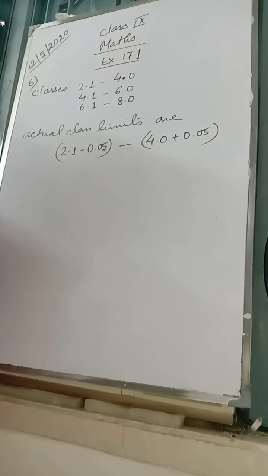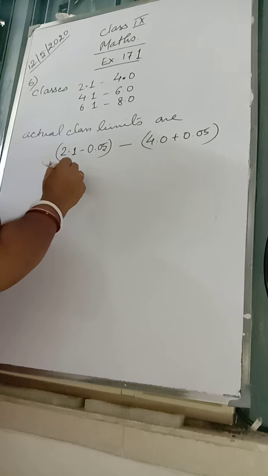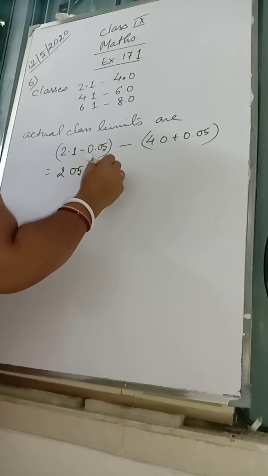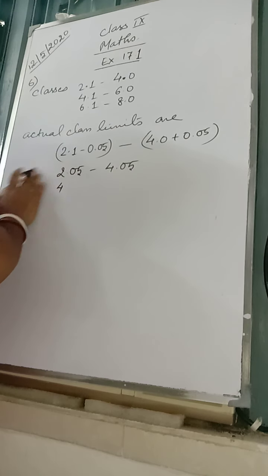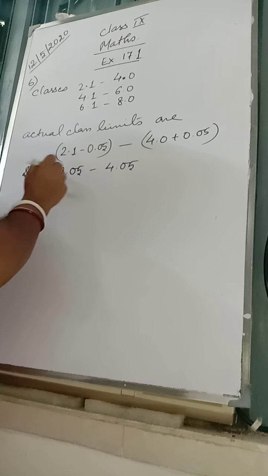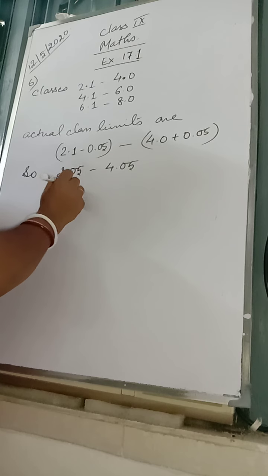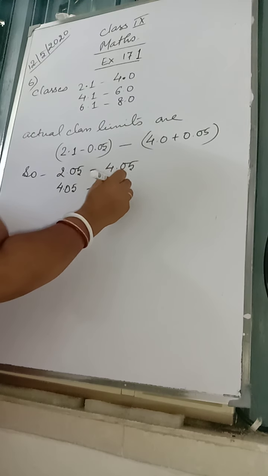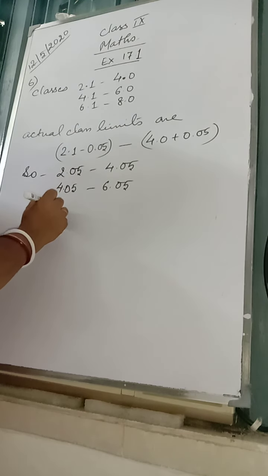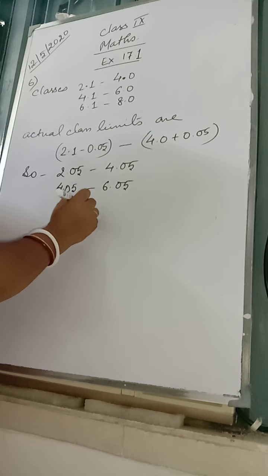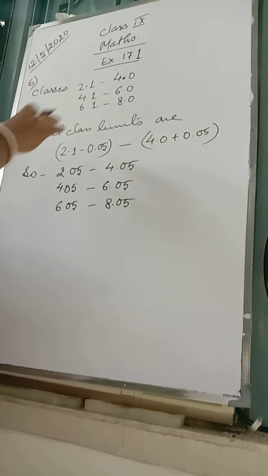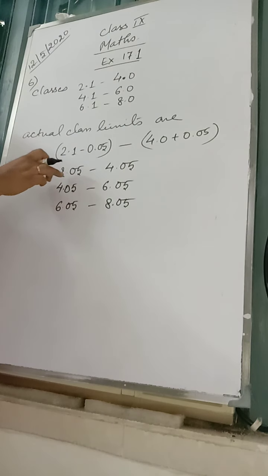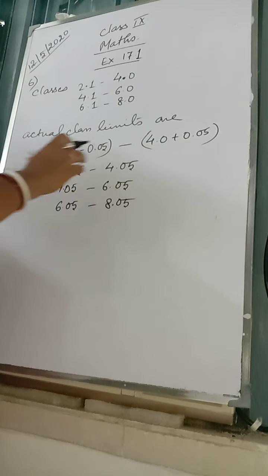In this way we have to write. So this gives you 2.05 to 4.05. So the next one will be 4.05 to 6.05, and then the third will be 6.05 to 8.05. Is it? Half of this, 0.1, I have subtracted from the lower limit and added to the upper limit.